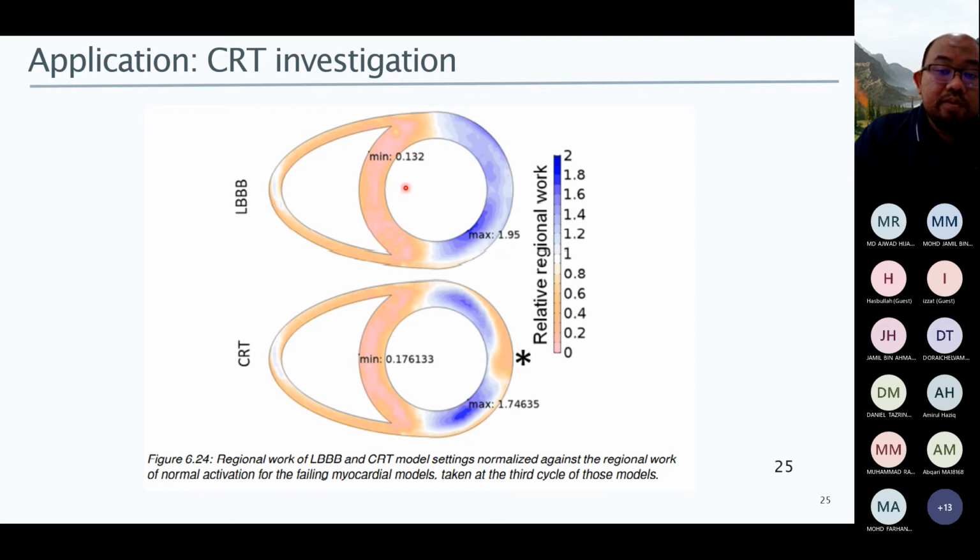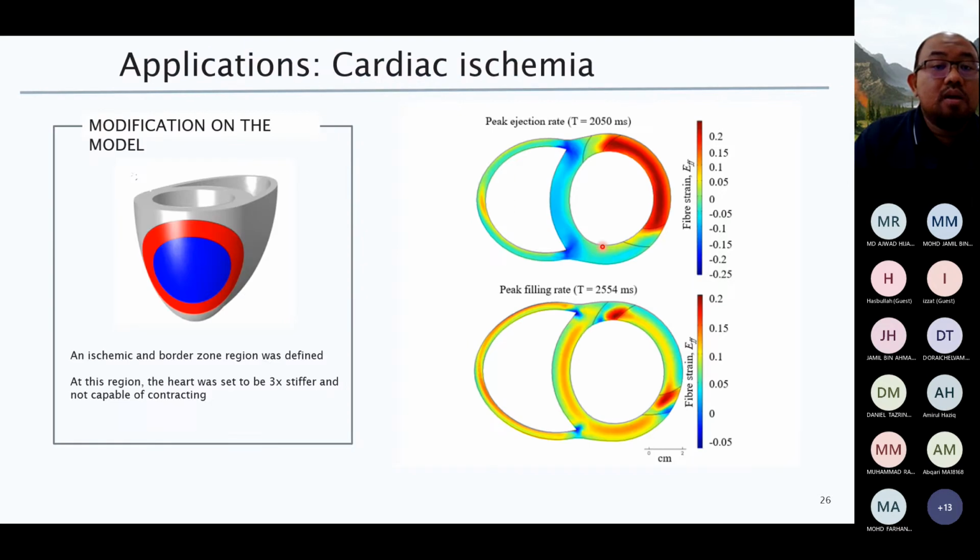This characteristic, like regional work, requires us to use solid mechanics, continuum mechanics simulation to get all the stresses and the strain, which we can then make use of to get the relative regional work. We can also simulate cardiac ischemia. In this case, what I did was I simply assumed this blue region as dead cells, and then it gradually transitions into the red region.